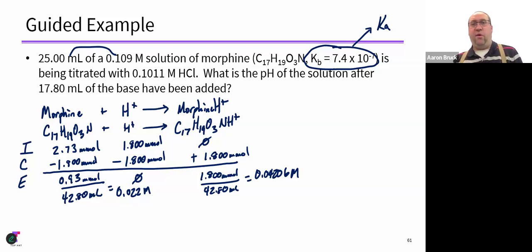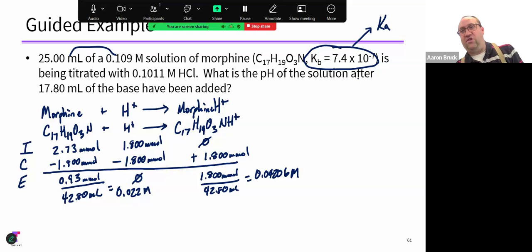And that would require us to do no conversion other than the conversion from pOH to pH. Each one has its advantages. You can go either direction. To do the Ka conversion, it would be 1.0 times 10 to the negative 14th over 7.4 times 10 to the negative 7th.